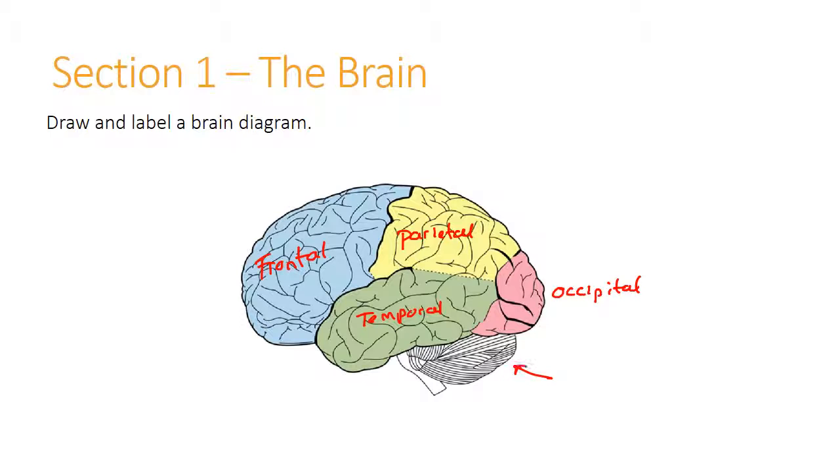This bottom dangly portion, with all the straight lines on it, that's going to be the cerebellum. And we can also see the brain stem here, kind of tucked underneath. That is going to be the brain stem.